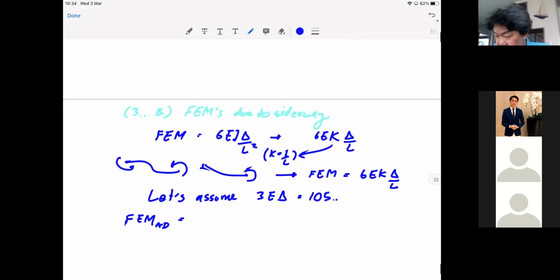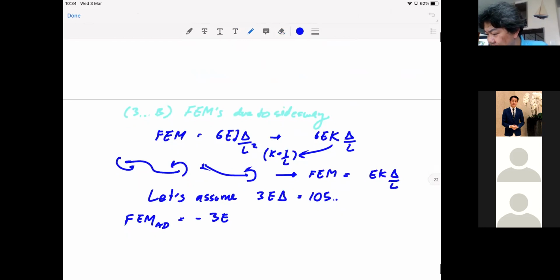So AD is going to be equal to minus 3EK delta over L. Sorry, this is for simple support, it should be 3.